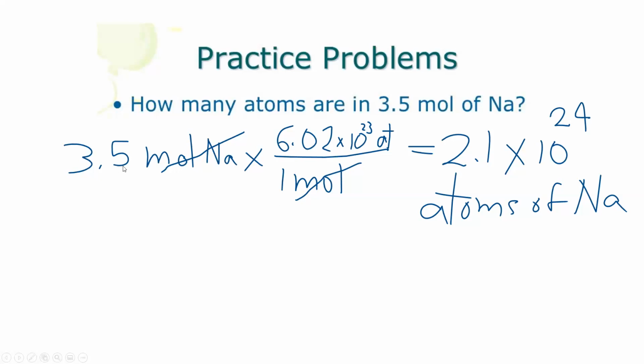You set the equation in such a way that you can cancel mole with mole. And when you multiply and divide, you get that the answer is 2.1 times 10 to the 24 atoms of sodium. That is what you are asked for.